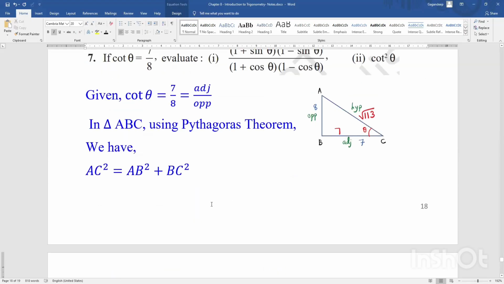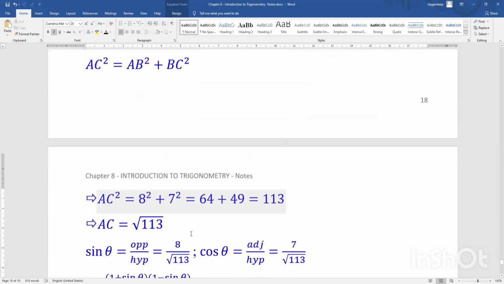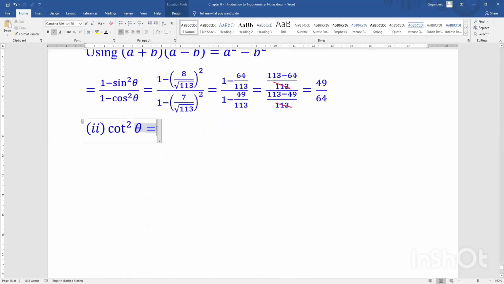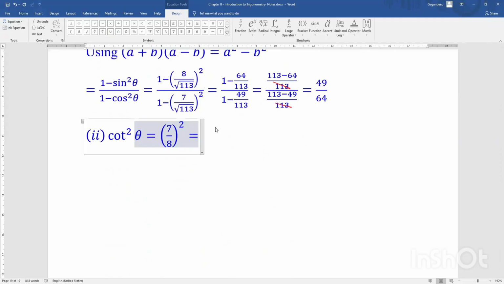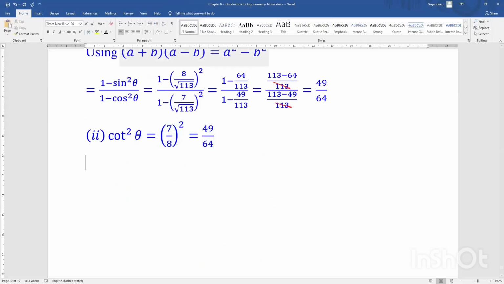So we have 7 by 8, the whole square, which is nothing but 7 square is 49, so 49 by 64. That's our final answer.